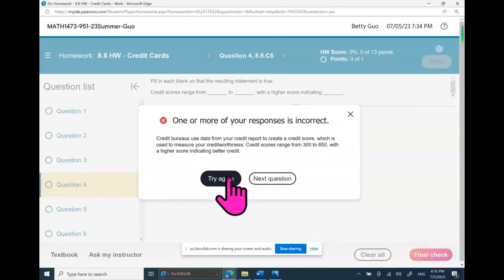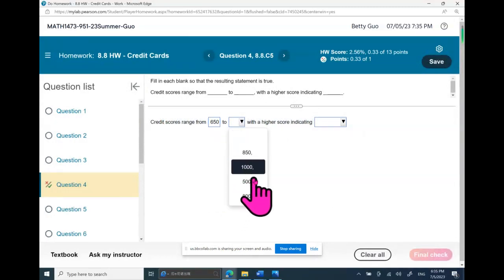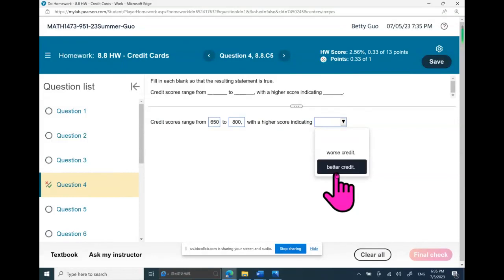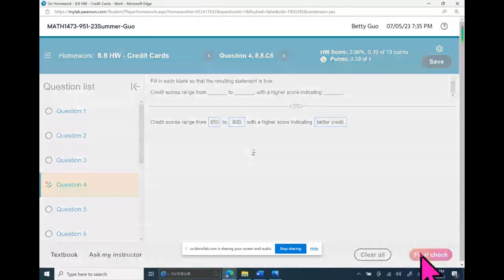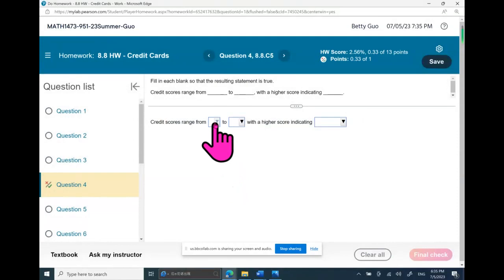Oops, no. Let's try 650 to 850. Credit bureaus use data from your credit report. Oh, 300? Really? 300 to 850. Let's do it again: 300 to 850.